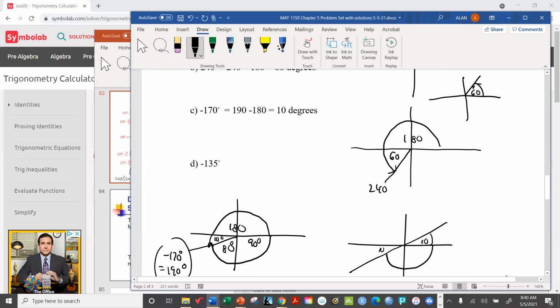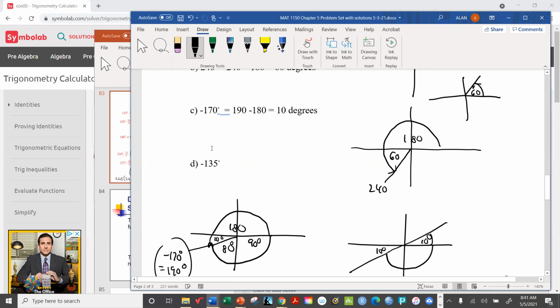So in other words, in the first quadrant, that's the equivalent of 10 degrees. So the final answer is 10, right? So anyway, look at it: negative 170, positive 190, the reference angle is 10. That means all the trig functions will have the same values except for the signs.